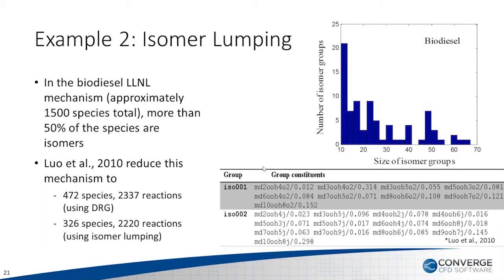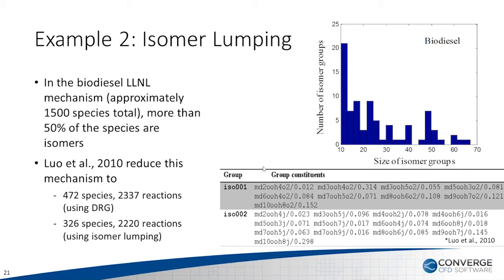I have a statistics plot on the right. Basically, it shows the number of isomer groups versus the size of isomer groups. You can see there are a lot of isomer groups, but there are also some isomer groups that have a lot of isomer species.